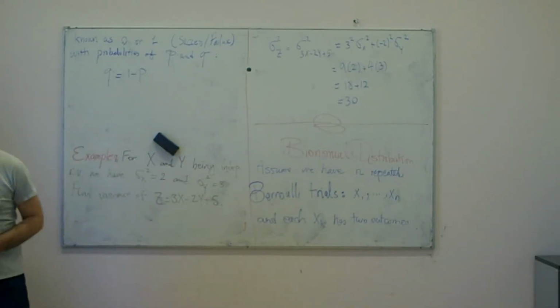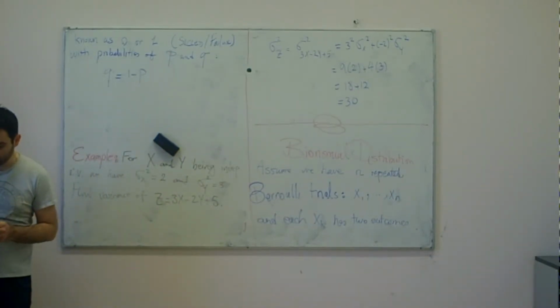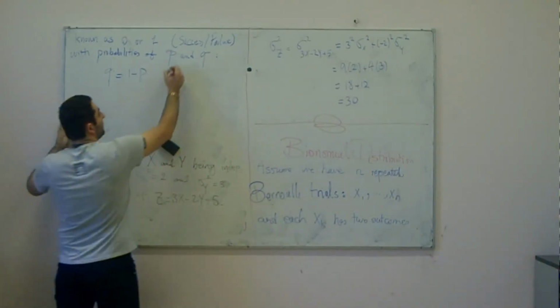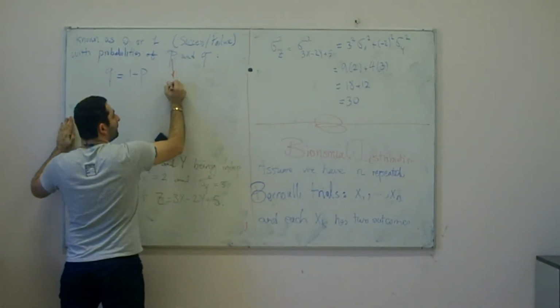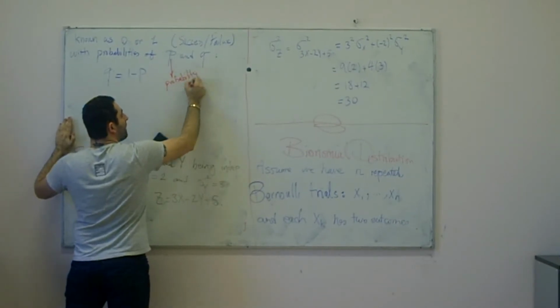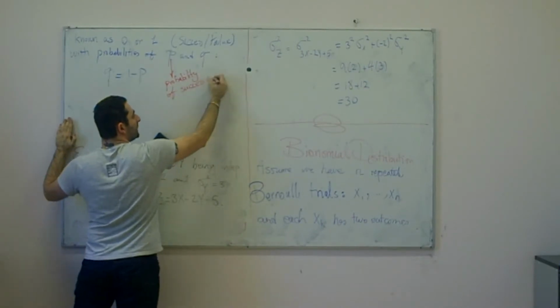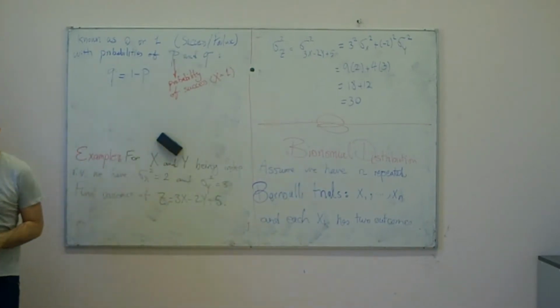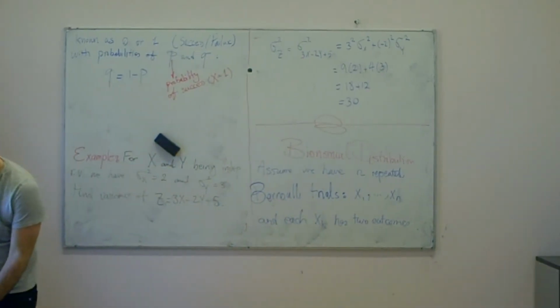Because the addition of the probabilities should be 1. So this is the probability of success, which means that the event is 1, and Q is when it is 0.